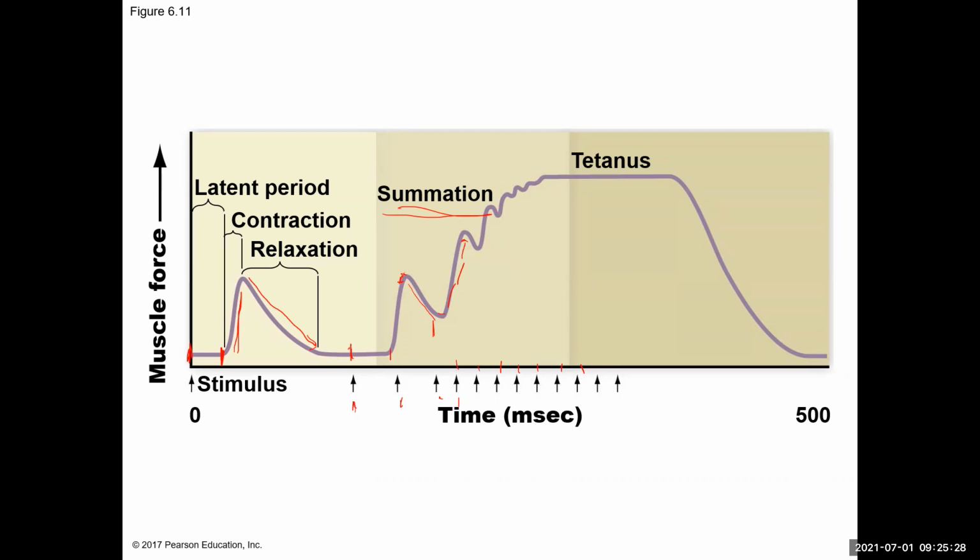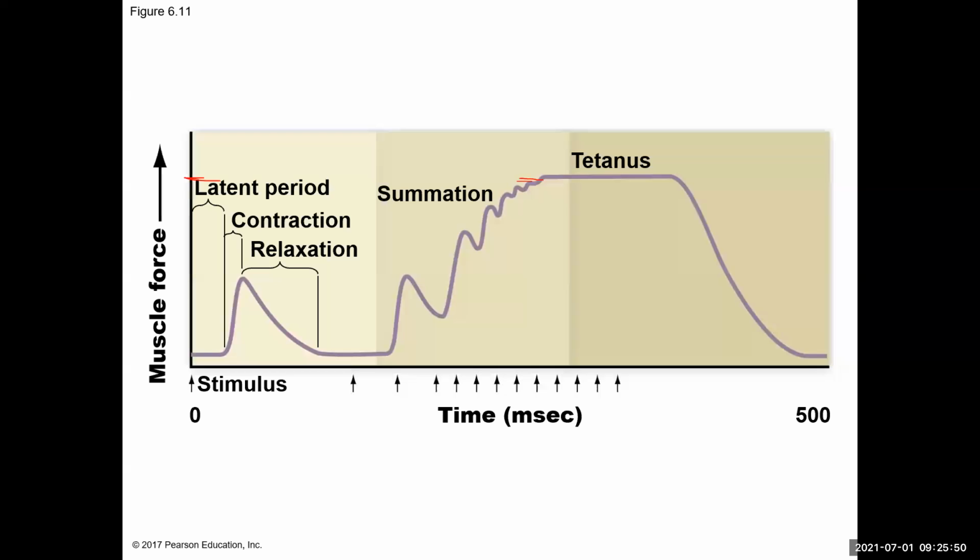Okay? Whereas if this was one contraction alone, you would generally only get a force about this much if we drew it across. But because you have those multiple stimuli over and over again, without allowing that muscle cell to completely relax, you get an increased force, right?